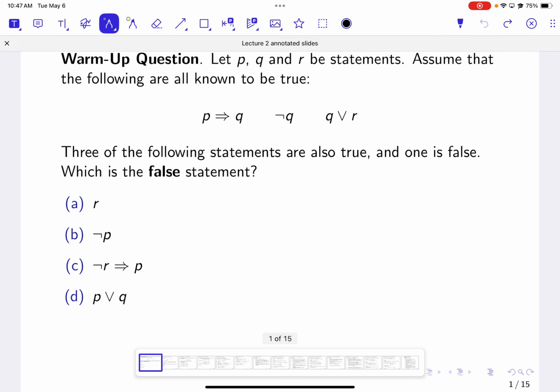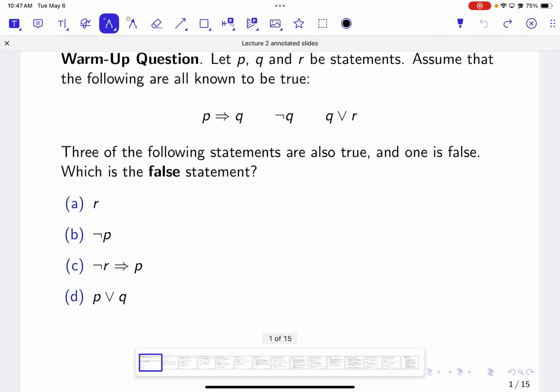So for the first one, R, this is sort of reminiscent of the or statement weirdness from last class. When we proved that or statement, we assumed that one side of the statement was false, and that meant that the other side just had to be true.